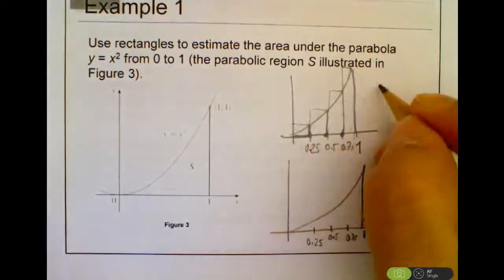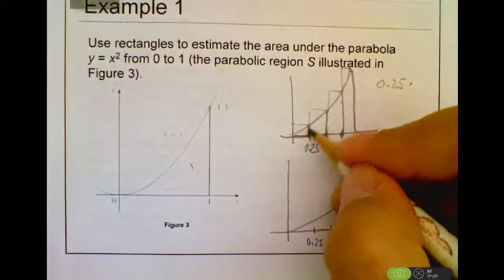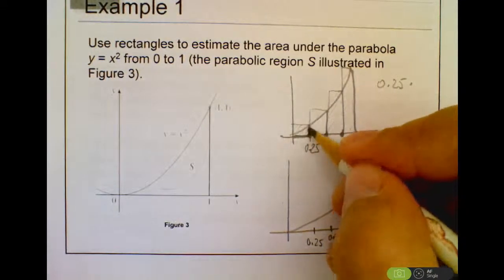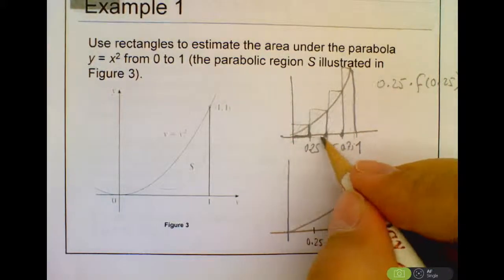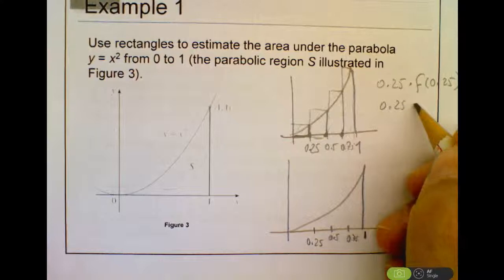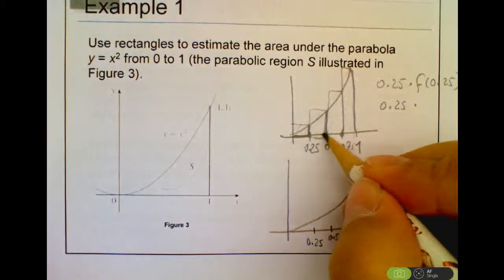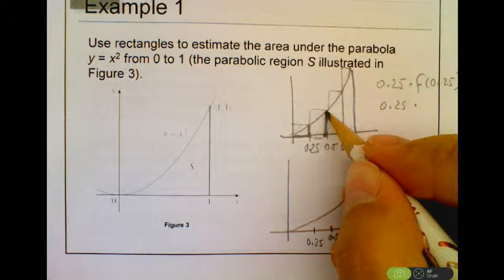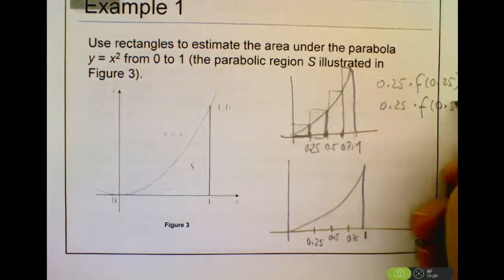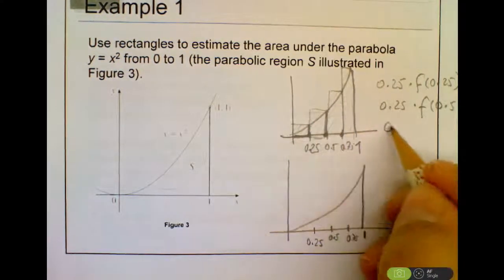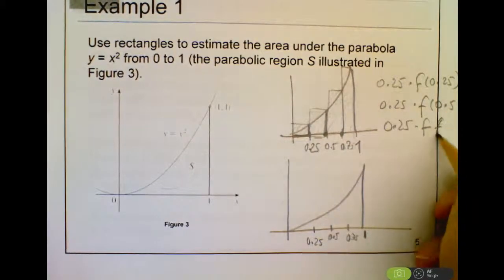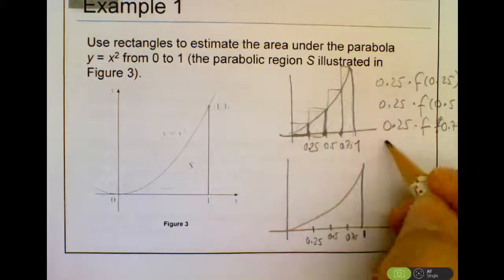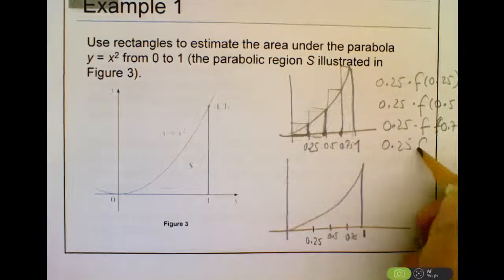So let's find out how much that estimate actually is. I have 0.25 times the height of this rectangle, which is f of 0.25, plus, again, the base of this rectangle is 0.25, and I'm going to multiply it by the height of the second rectangle, which, if this is 0.5, will be f of 0.5, plus, again, the third rectangle has the same base, and now the height will be f of 0.75, and then I'm going to add the area of the last rectangle, which will be the same base, and the height will be f of 1.